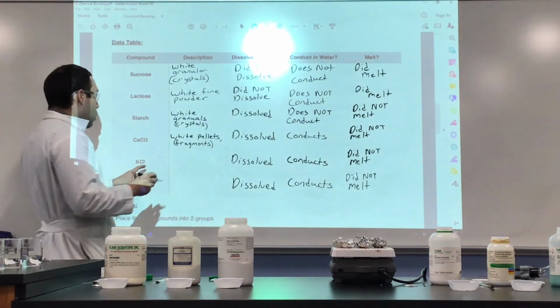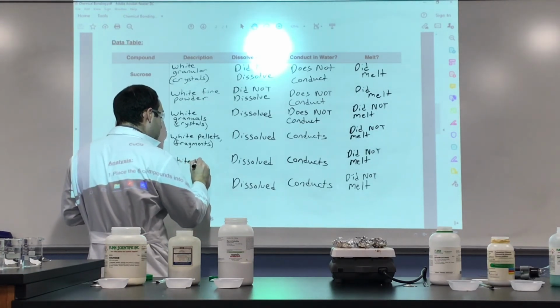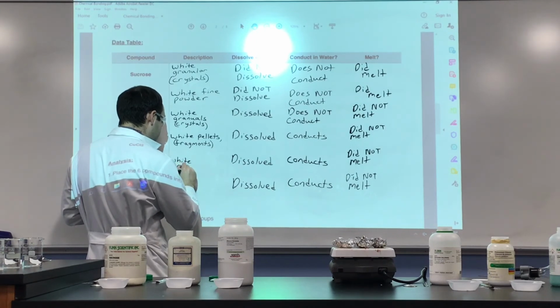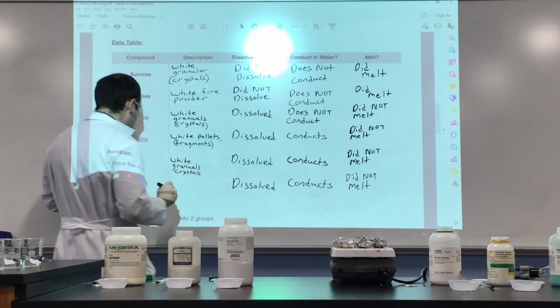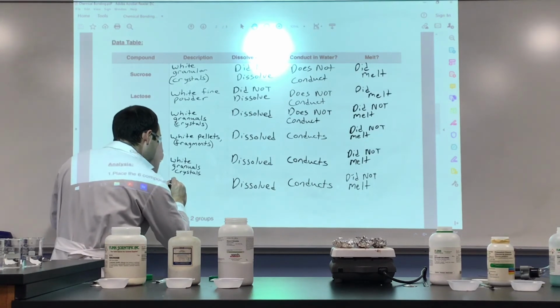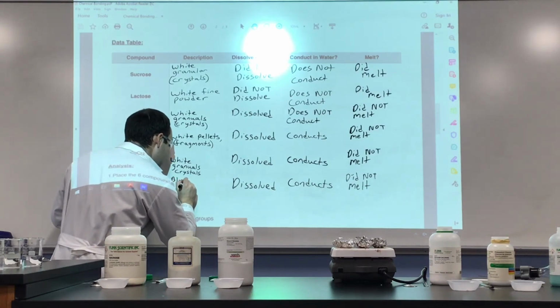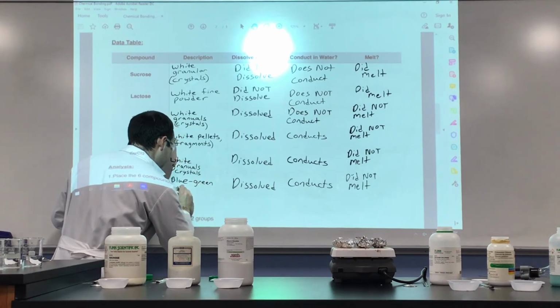KCl was also white crystals or white granules. And finally, copper 2 chloride was blue-green flakes.